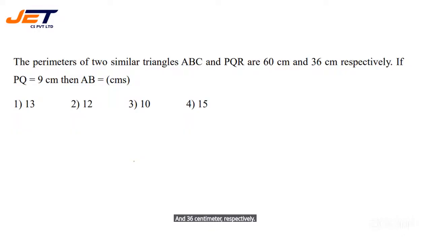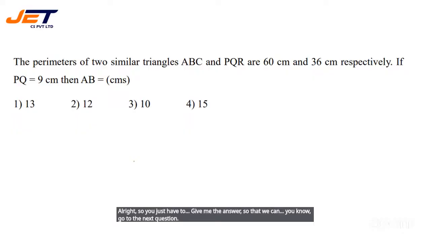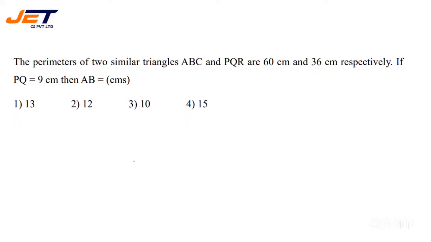If PQ is 9, then what is AB? All right, so you just have to give me the answer so that we can go to the next question. All right, the answer is 15 centimeter.